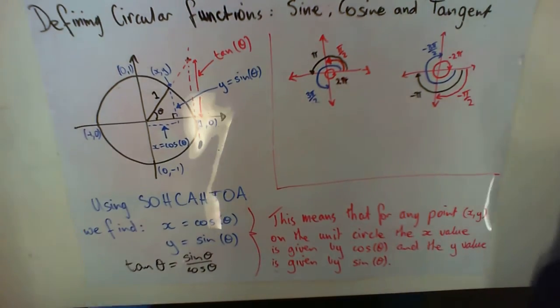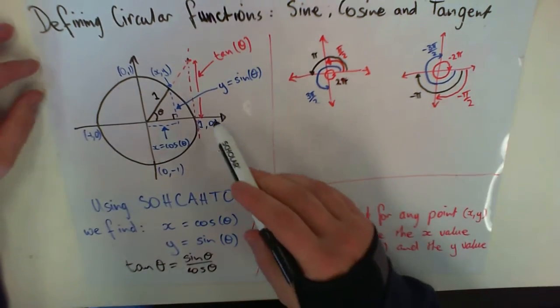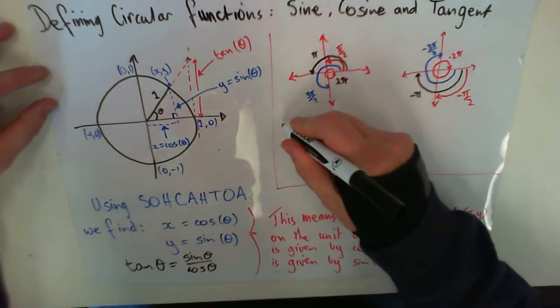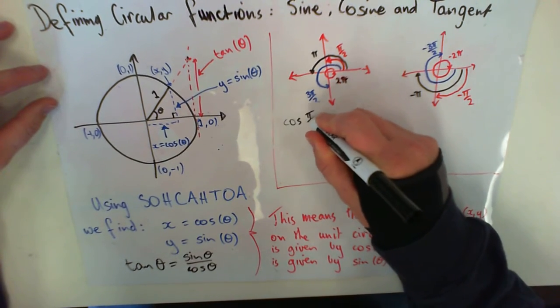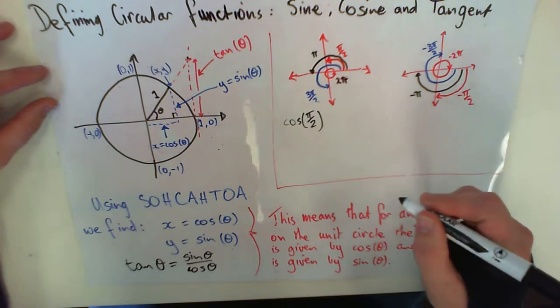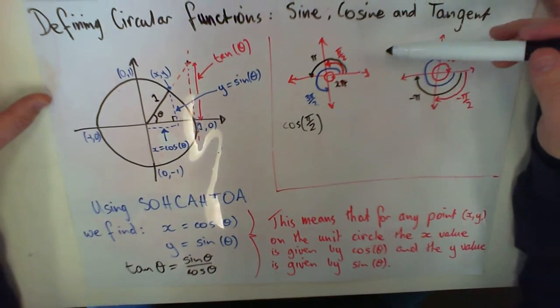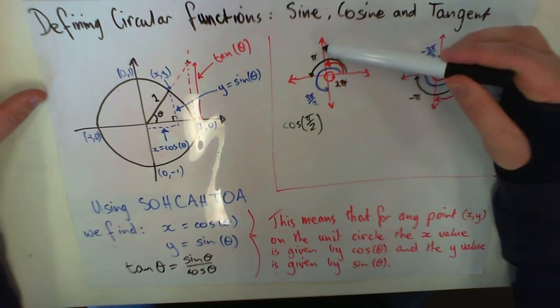Now, why is this important? It's important because we can define what our sine and cos are going to be at different points. If we were to look at, say, cos of pi on 2, we want to know what that is. Well, we've measured a positive angle, so we're coming from here around. We're at pi on 2, so we're up here.